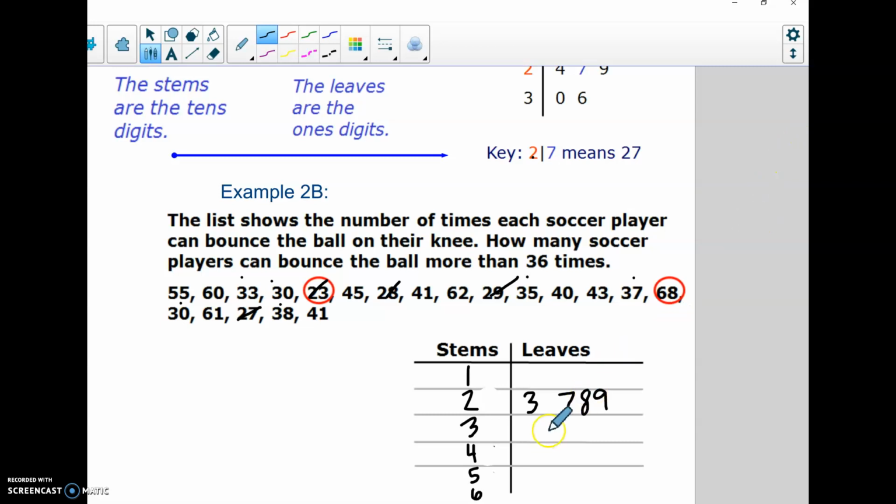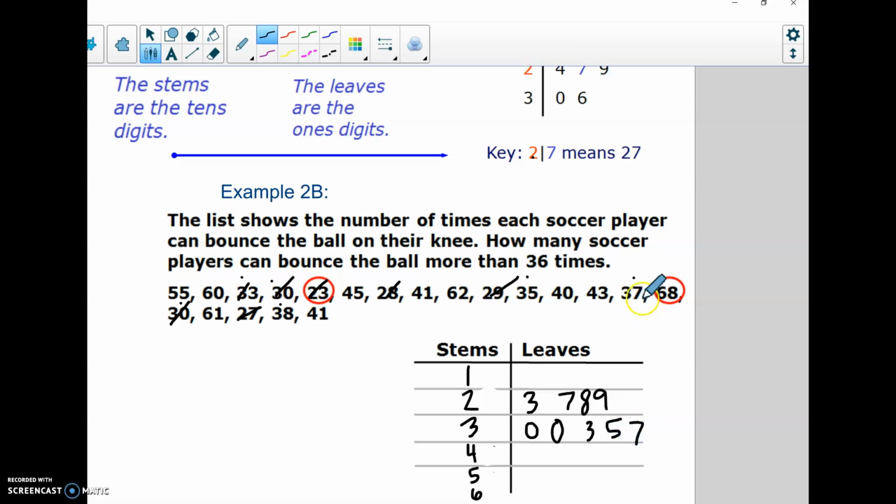So 30 would be 30, 30. So do list it twice. So I have 30, 30, and then I think the next one I have is 33. And then I have 35 and 37.